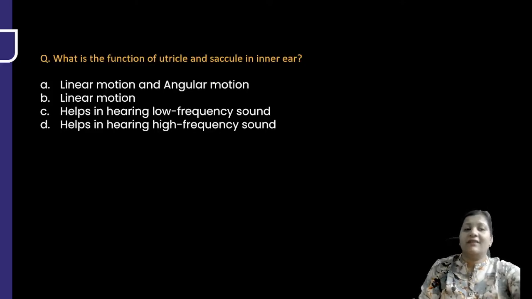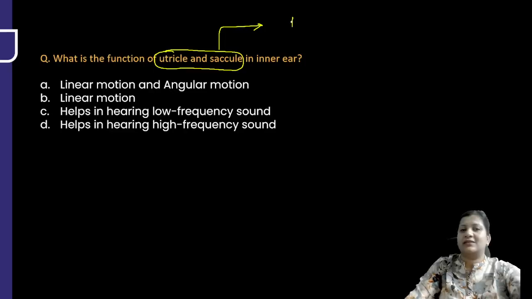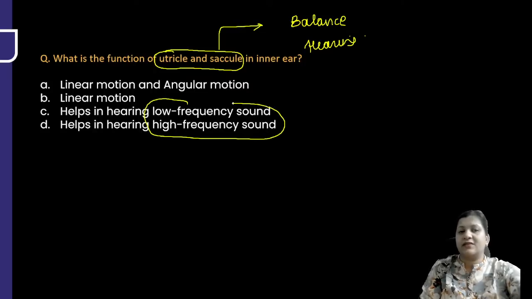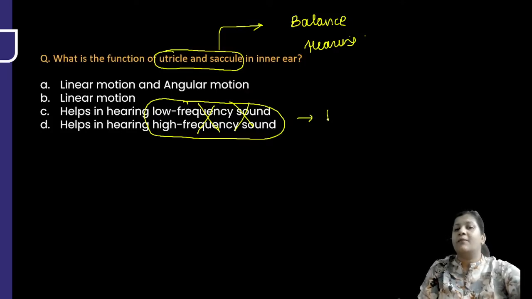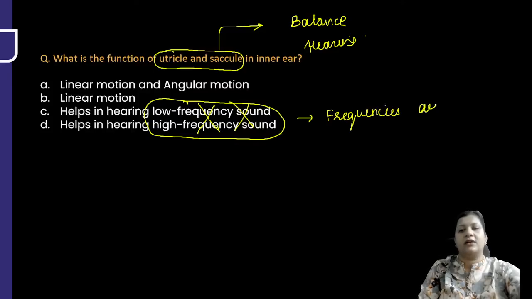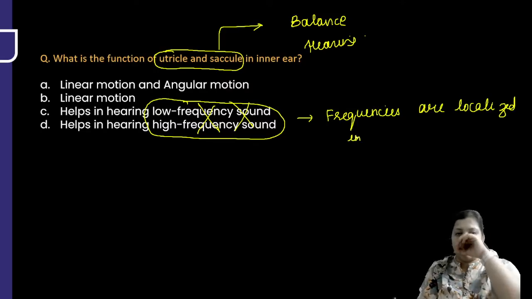Basically, whenever we talk of utricle and saccule, the main function of both of them is balance, and they also are responsible for hearing. But when we come to frequency specific hearing, they have no role in it because frequencies are localized in the cochlea. So where are the frequencies localized? The frequencies are localized in the cochlea.